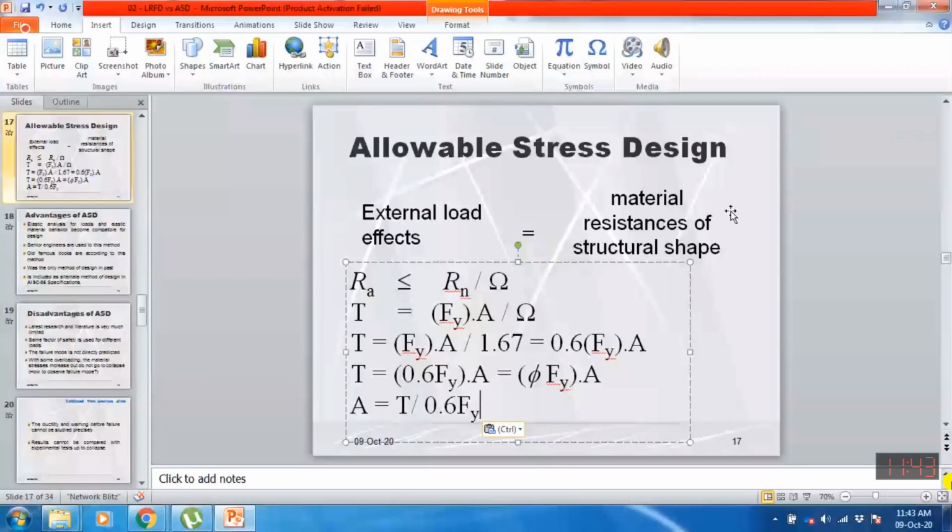So here you can write that phi is equal to 1 divided by omega. We can use the symbol F also for factor of safety, but in ASD, factor of safety is represented by omega.